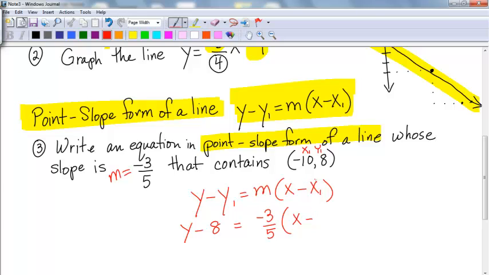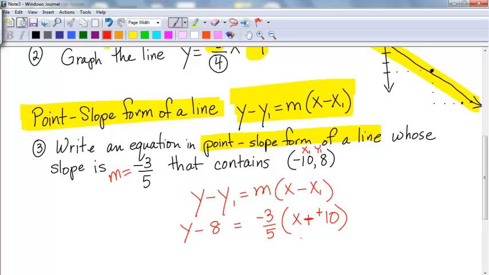Now when you sub in a negative, this is the minus sign in the formula, and then this is the negative 10. But minus the negative, same thing as plus a positive. So we could go ahead then and change this to plus a positive. Okay, so far?